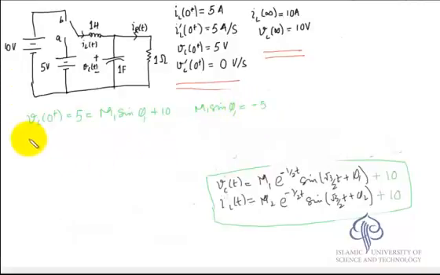Then we have VC dash (0+), which is 0. So we have to differentiate the first equation.